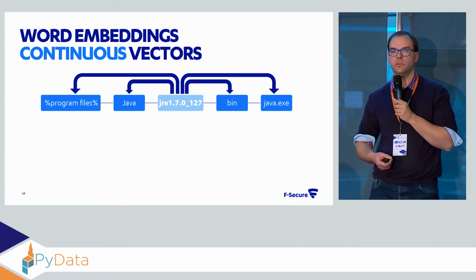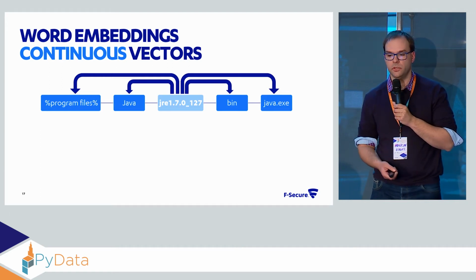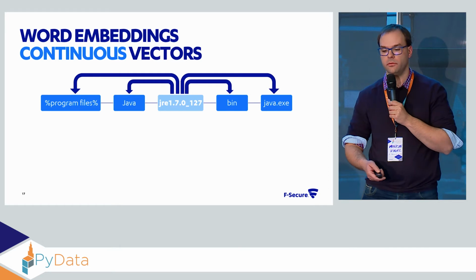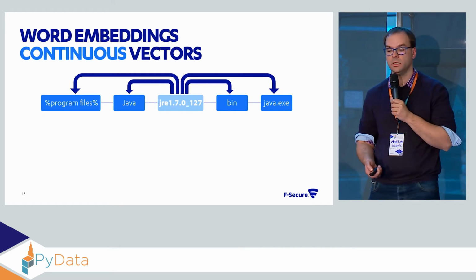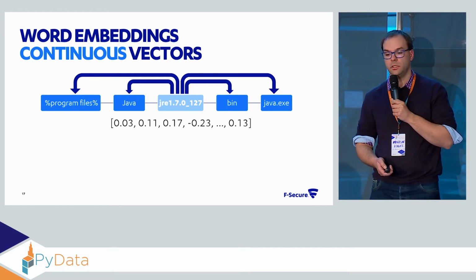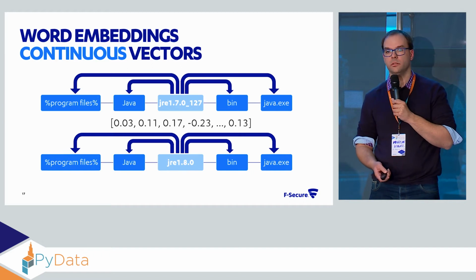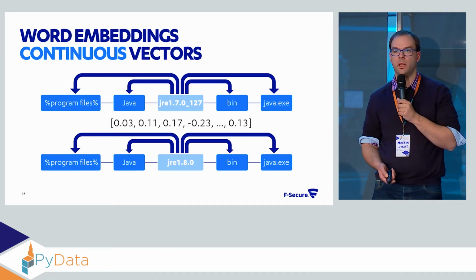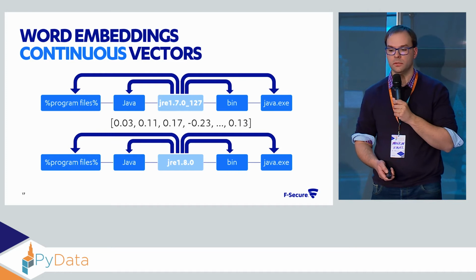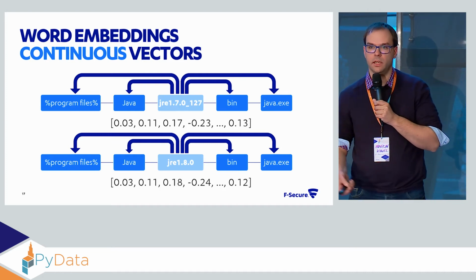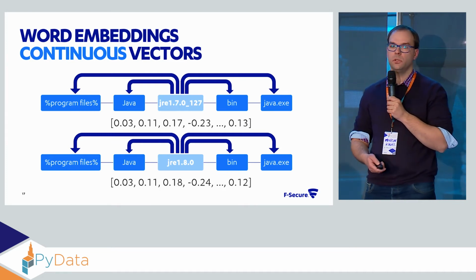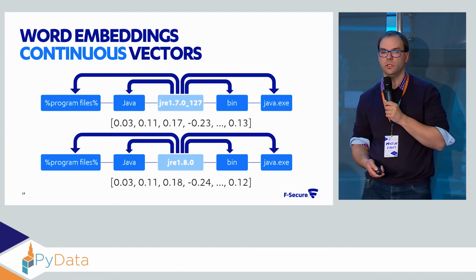So if the word is in the same context, it probably means the same. This is very good for our use case: if we have a version of the program like a Java directory, and then another version of that, it probably will have a very similar neighborhood, and in the end the embedding will create a very similar vector.